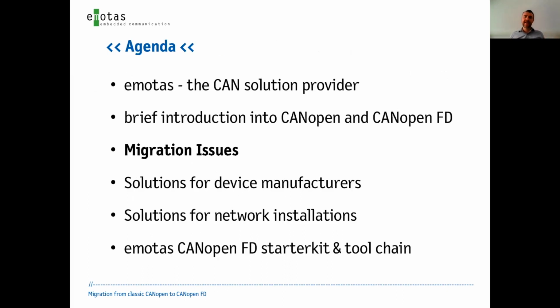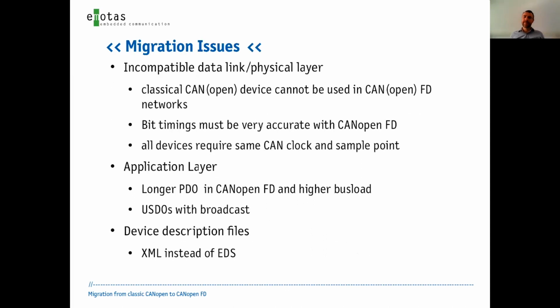And now let's have a detailed look at migration issues and possible solutions. Well, the biggest problem here is that the data link layers are not compatible. You cannot mix classical CAN devices with CANFD devices, so you cannot mix classical CANopen devices with CANFD devices in one network.